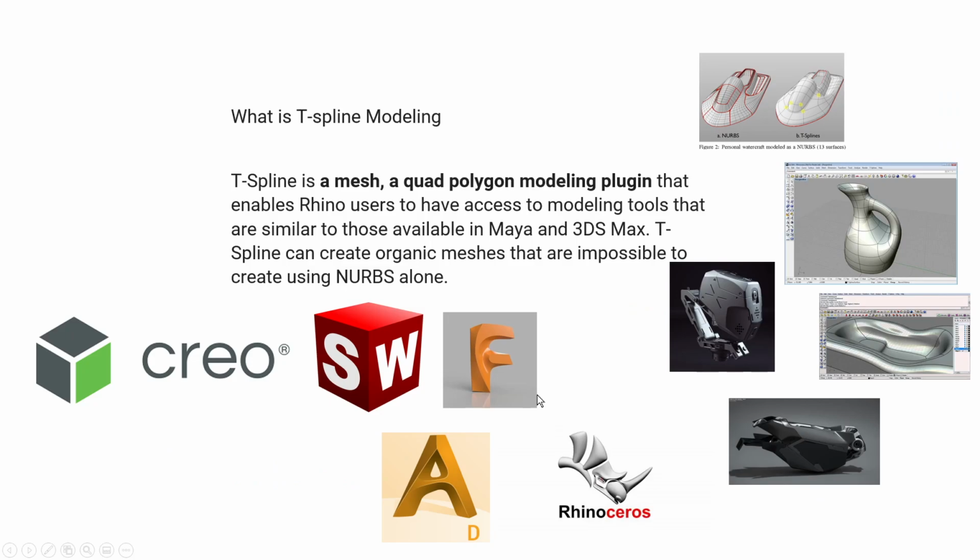Next, what we've got is T-splines. Now, Creo and SolidWorks say they do it, but it's basically a joke. I'll show you later, when we look at that in SolidWorks, how you control things as a T-spline versus, say, Rhino.